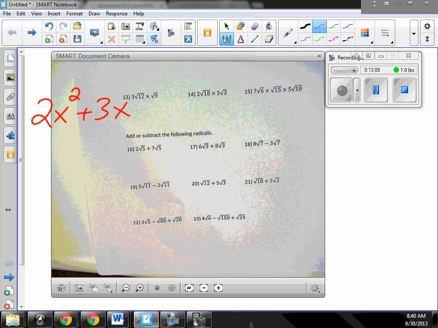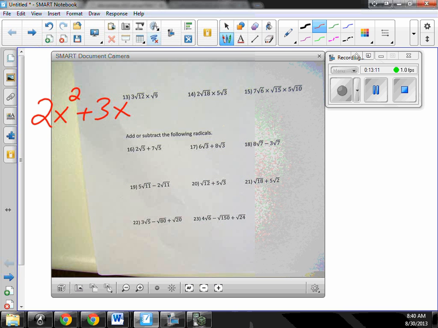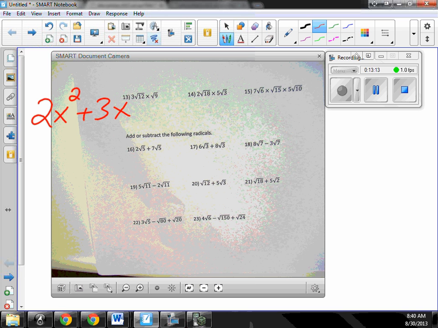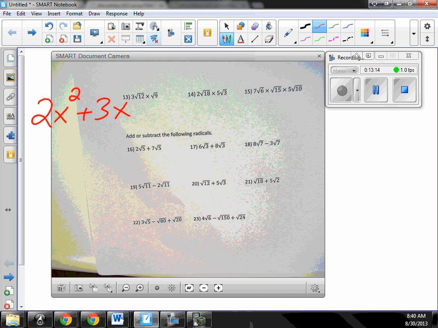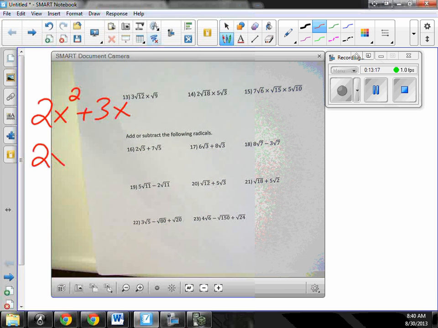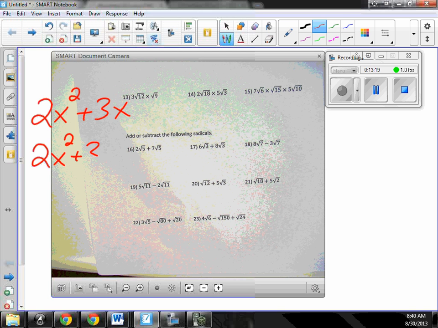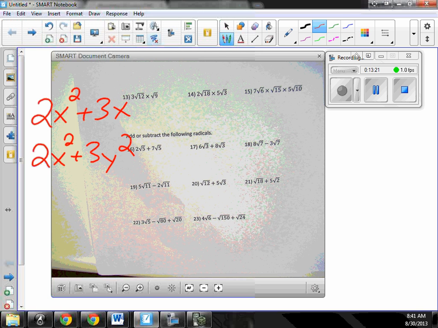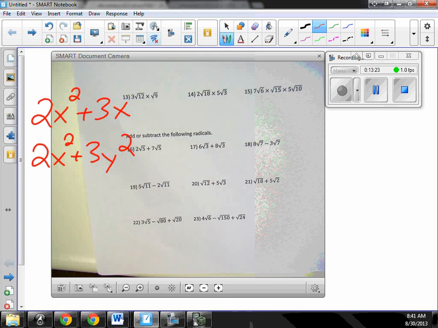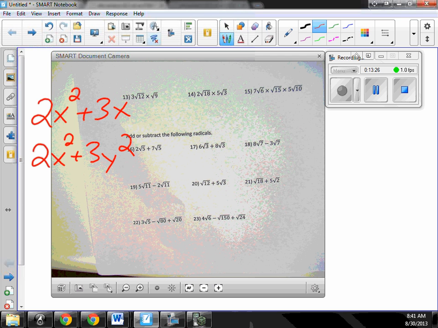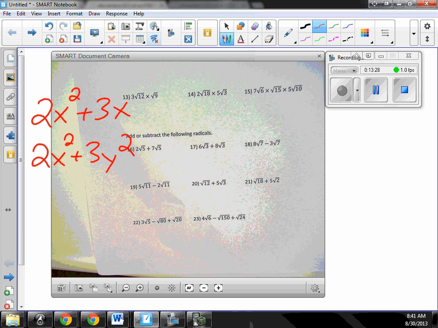They're the same variable, right? Yes, but they have different powers. Okay? What if I had 2x squared plus 3y squared? Can I add those together? No. They're the same power, but they're not the same variable.